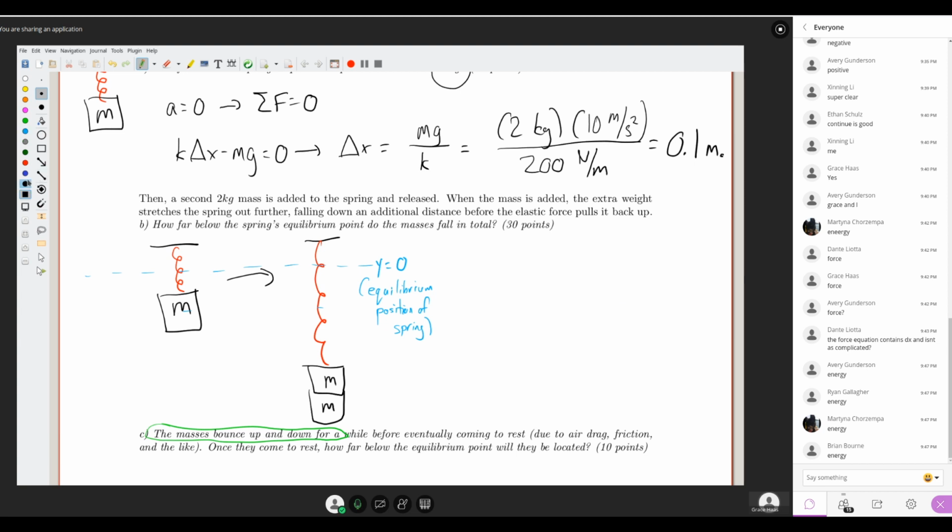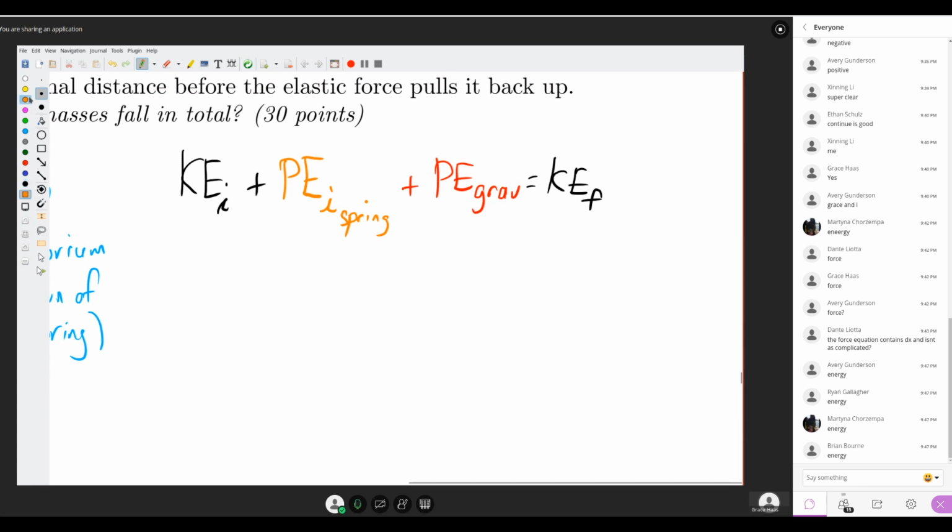So what do I have? There are no other non-conservative forces here. So I can say the initial kinetic energy plus the initial potential energy in the spring plus the initial potential energy from gravity equals the final version of all of these.